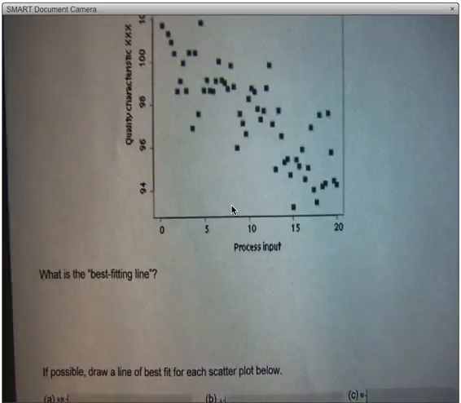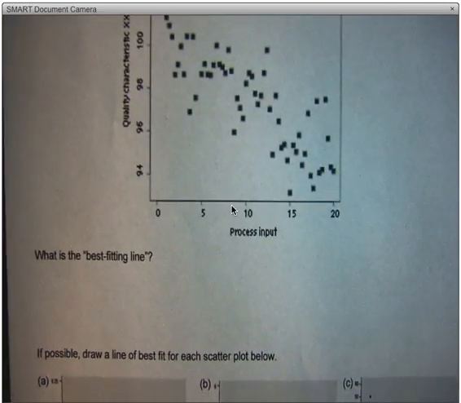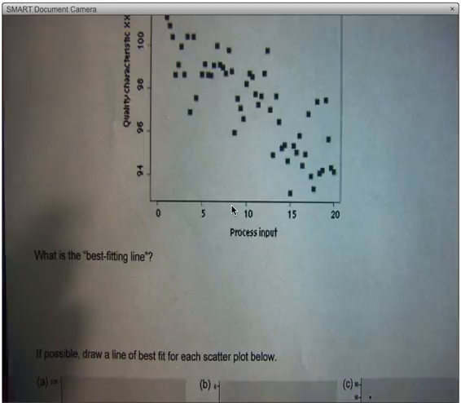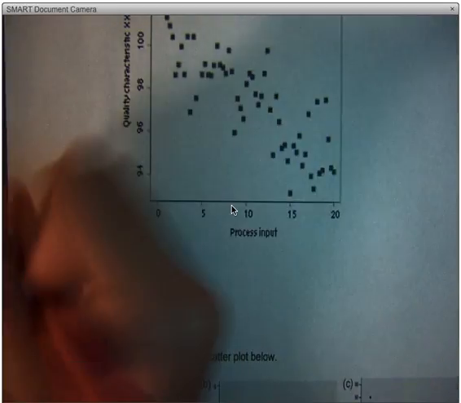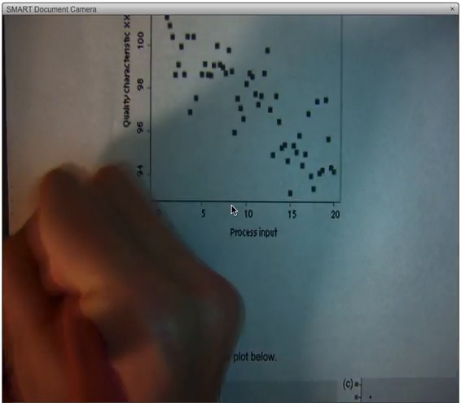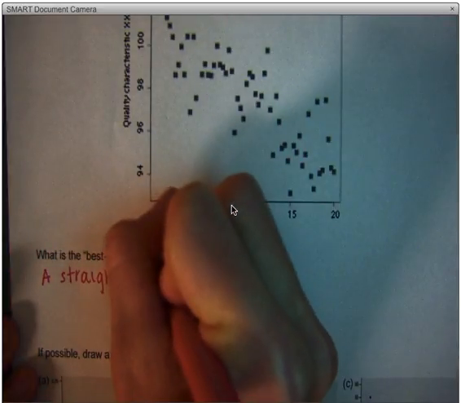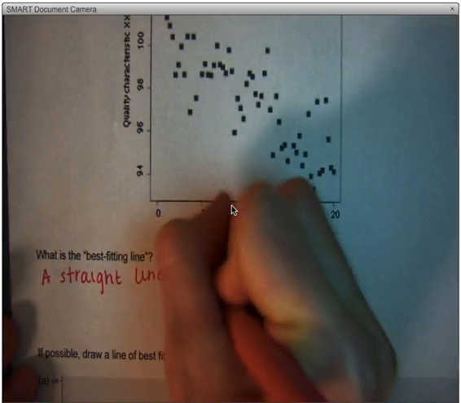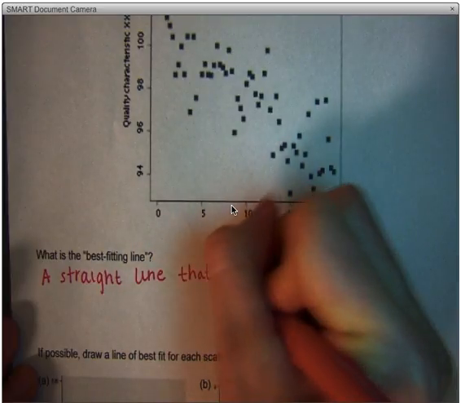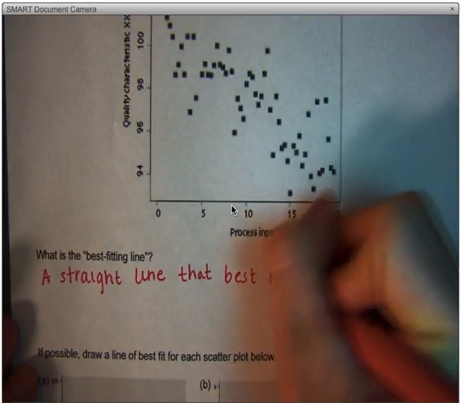Okay, so with a scatter plot, there is something called a line of best fit. So a line of best fit, or a best fitting line, is a straight line that best represents the data.